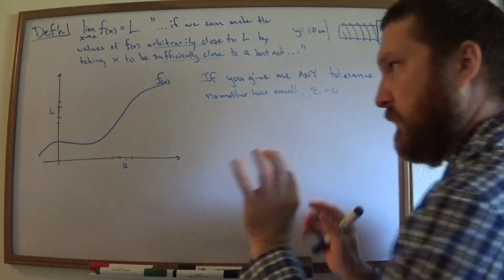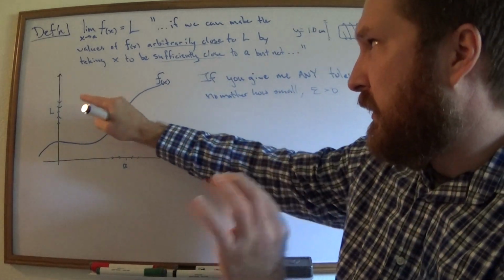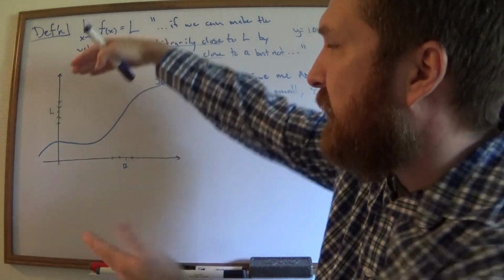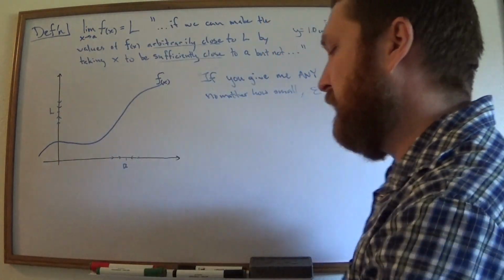Okay, so in other words, remember the whole point here is we're making values of f, output values of f, arbitrarily close to here.